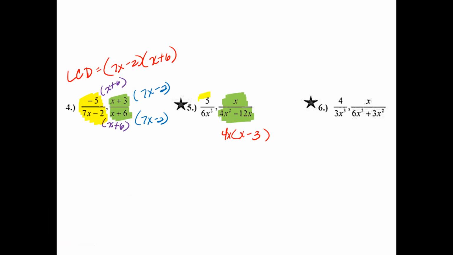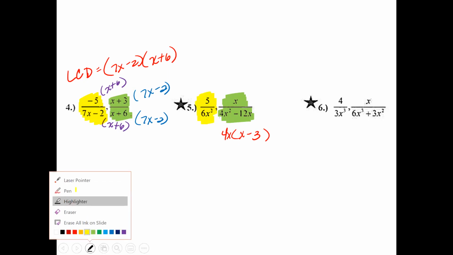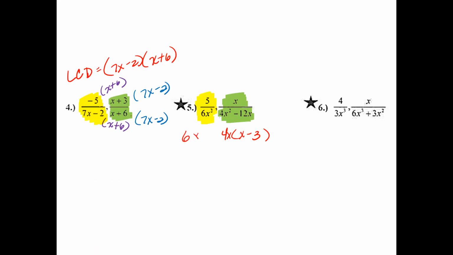And then for your first fraction in yellow, you have a 6x squared, which I can actually break down to 6x times x.